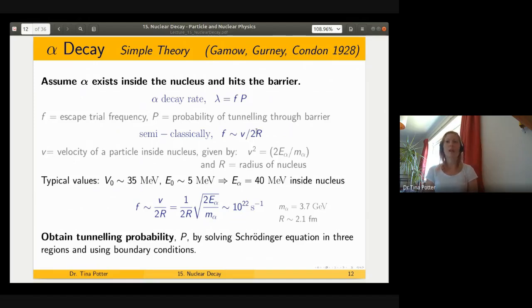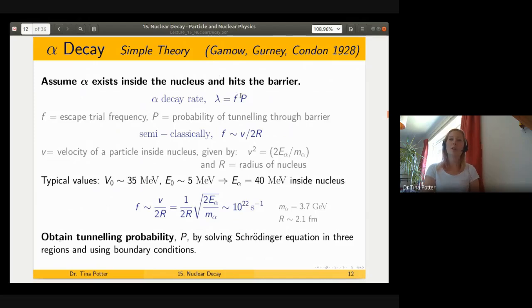That means that it's got to have about 40 MeV inside our nucleus to escape. So for the escape trial frequency, this is semi-classical. We could obviously improve upon this. It's going to try and escape around 10 to the 22 times per second. Very, very high here. We've plugged in the mass of the alpha particle and the average radius of a nucleus, at 2.1 femtometers.